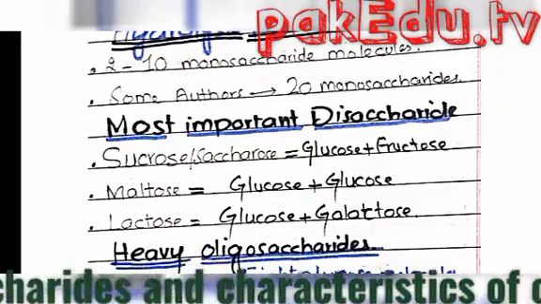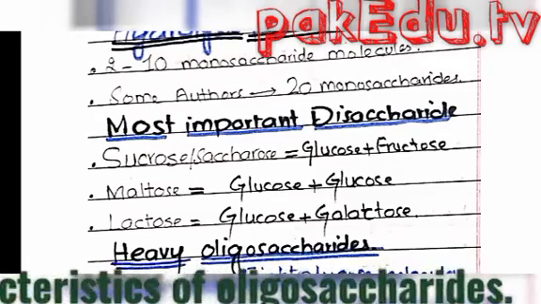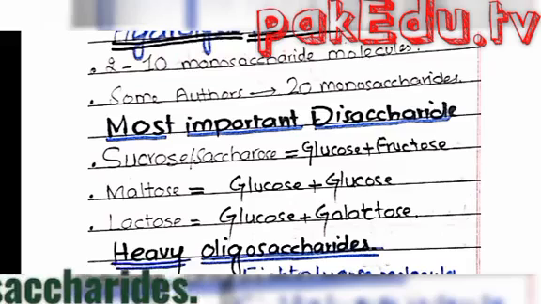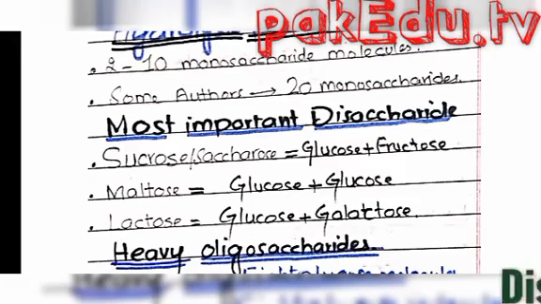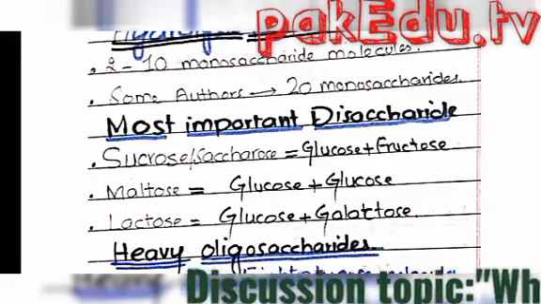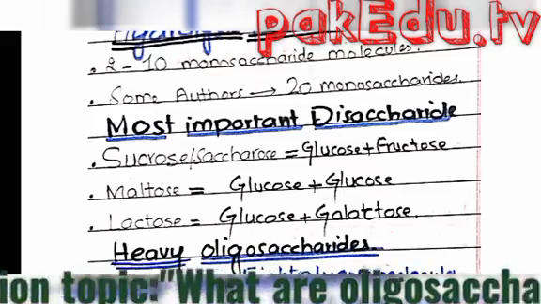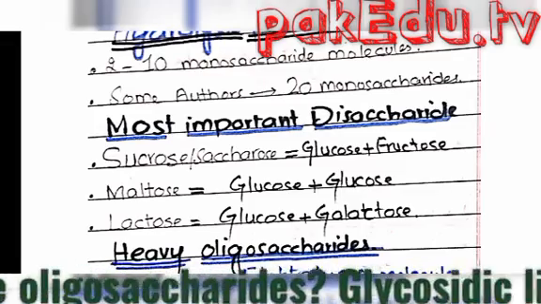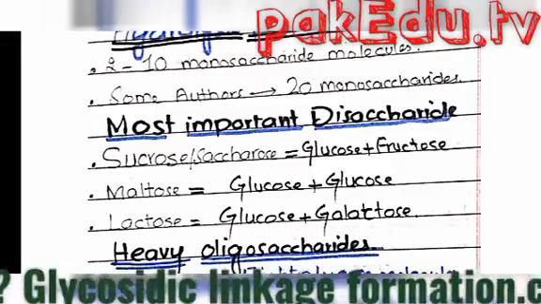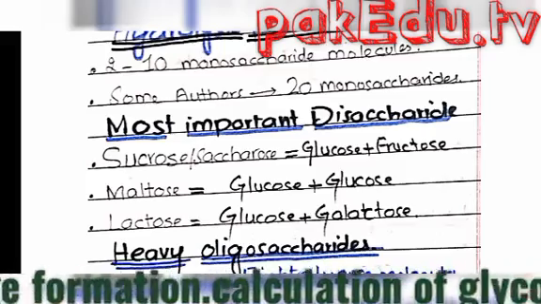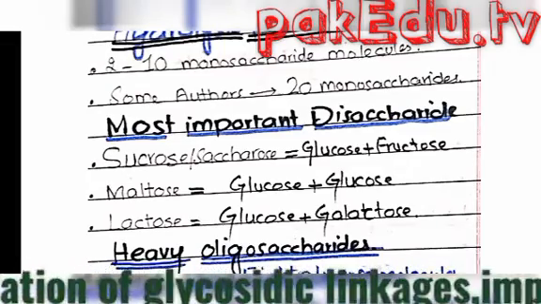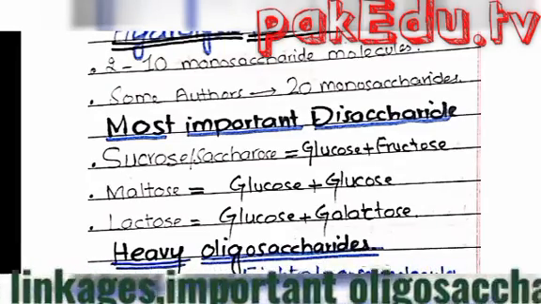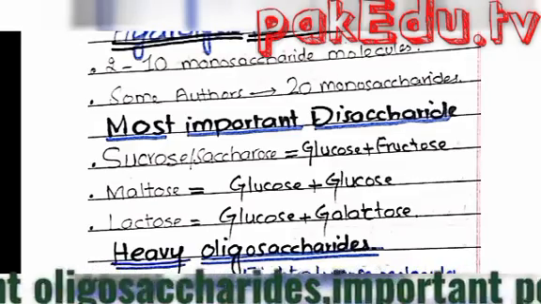One of the most important disaccharides is sucrose, which is a non-reducing sugar, and it is formed by the combination of two hexoses, one aldose and the other ketose, that are glucose and fructose. Glucose is an aldose sugar, while fructose is a keto sugar.